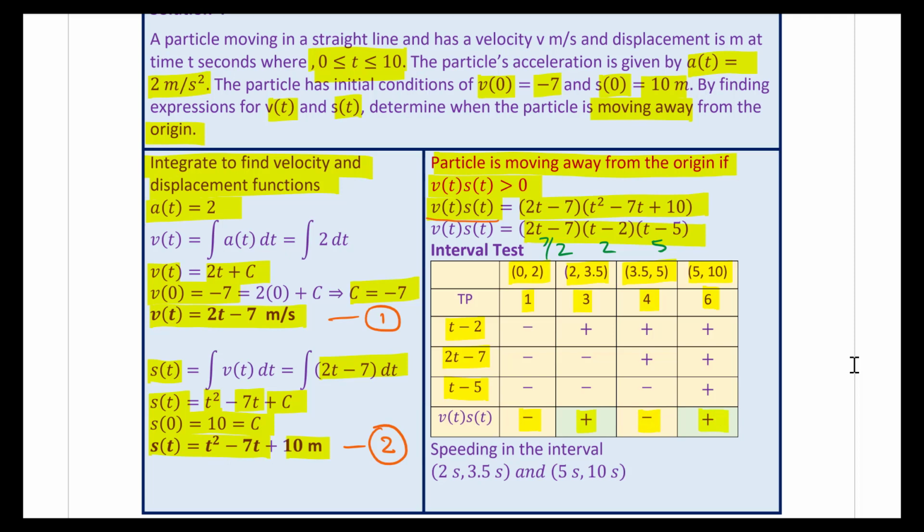Positive indicates that the particle is moving away. So these are the two intervals in which the particle is moving away, and that becomes the solution for the given question. So I should have written here, not speeding, but moving away.